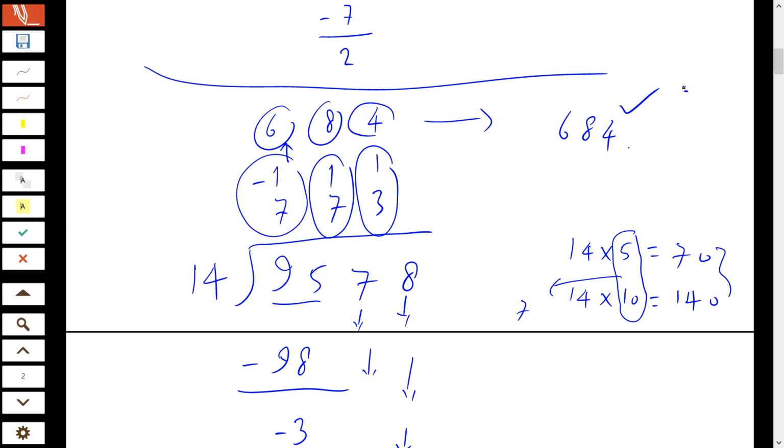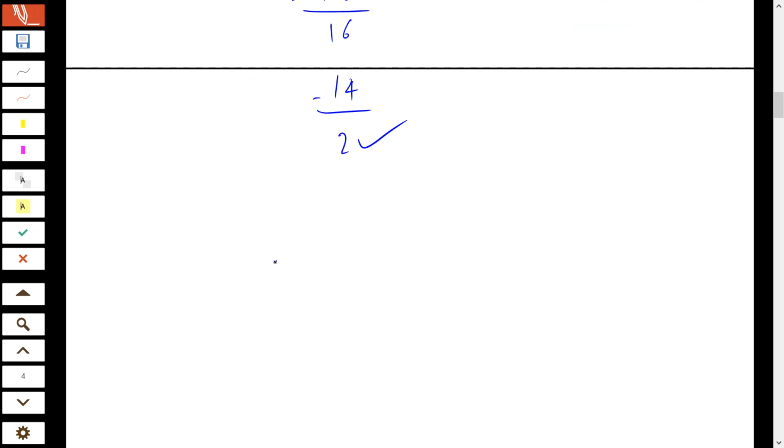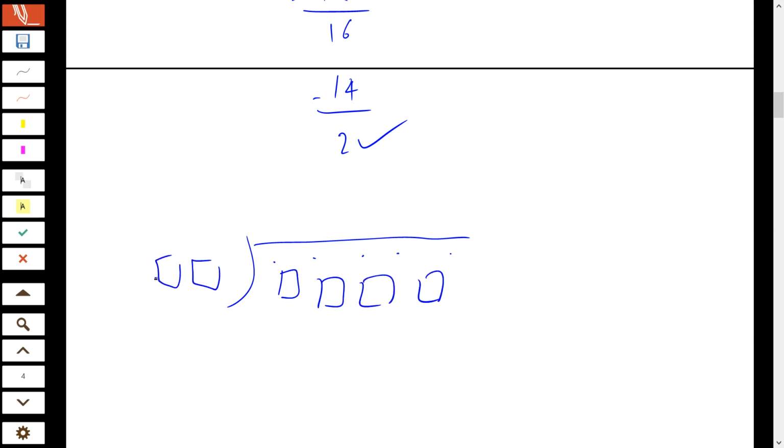Let me summarize the approach. Let's say you have a number, the dividend, with these digits, and then you have the divisor. It doesn't matter whether it's 2-digit or 3-digit. You try with simple rules: this divisor times 5, times 10, times 20, times 30, and stop when the number falls between two results.